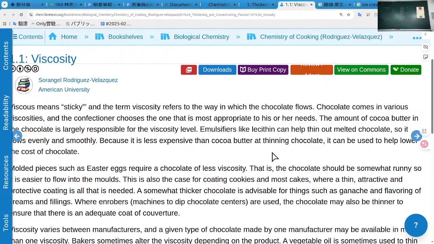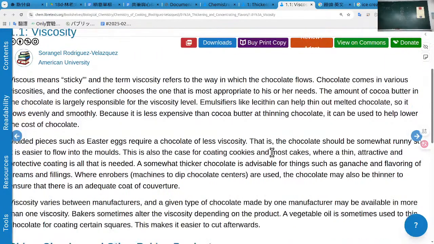If I add chocolate to my toast, I expect it to be very sticky because chocolate is sticky and flows very slowly. Depending on the food, you expect a different taste, on your tongue and in your mouth. Okay.